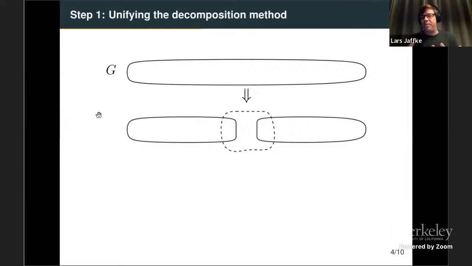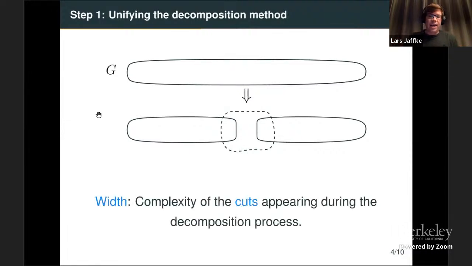If you have a very simply structured cut, then combining a solution from one side and from the other is probably quite simple. While if you have a very complicated structure in this cut, then it might be a bit more difficult. And this is why we say the width of such a decomposition is basically the complexity of the cuts that appear in this process. But again, there are many ways of measuring the complexity of these cuts.